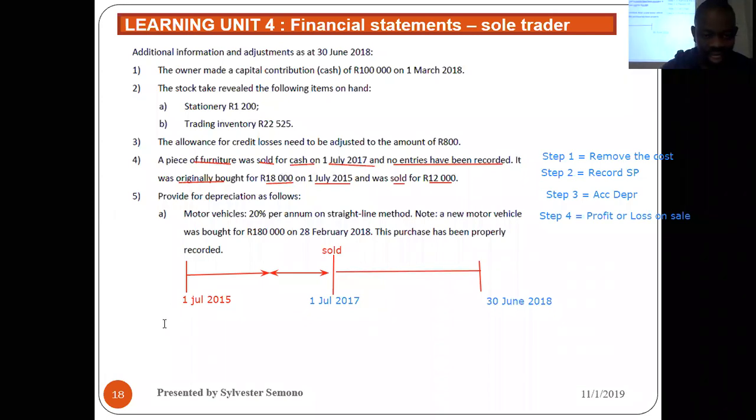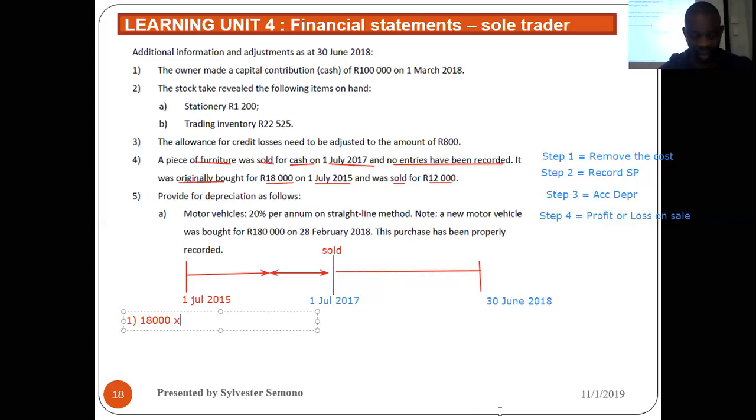For these 2 years, I'm going to start the calculation here. We're going to take the 18,000 for the first year, because it's still new, times how many percent? If you can check the next page, just check the percentage for the furniture.